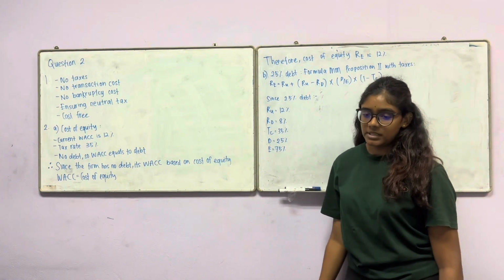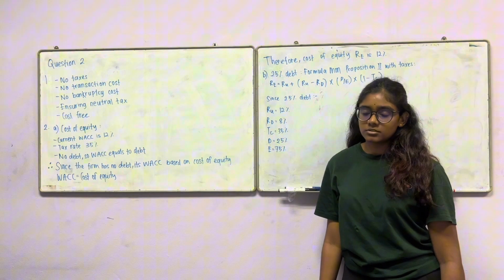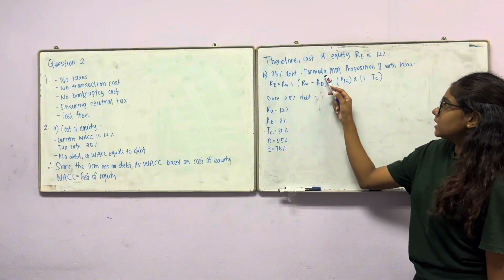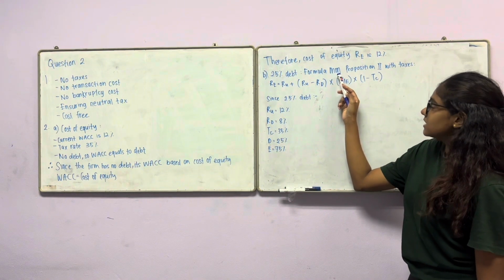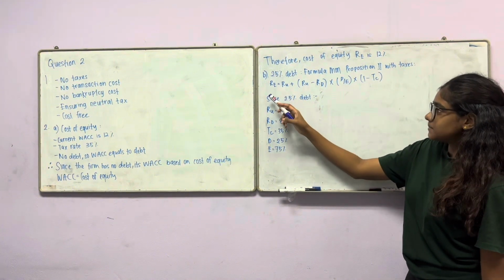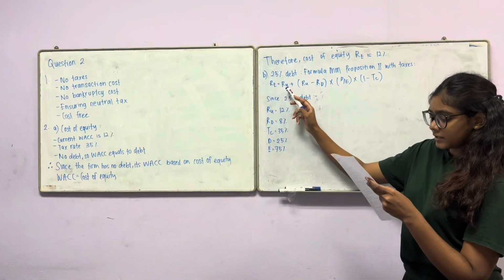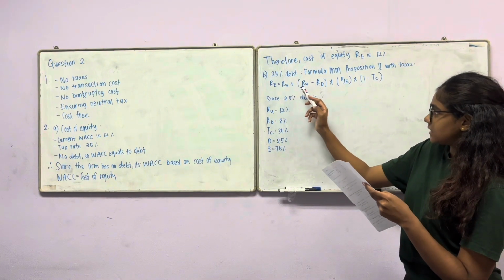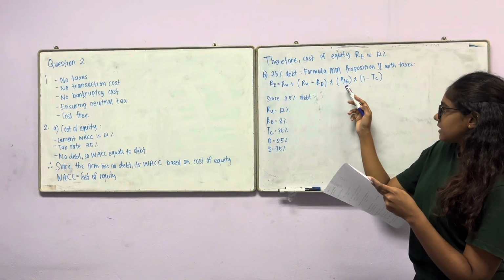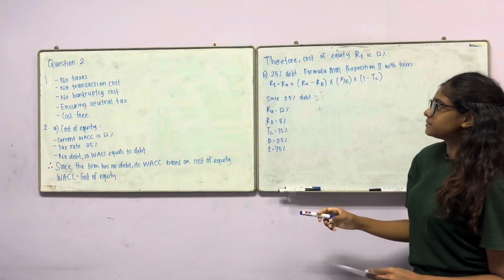Let's look at question b. If the firm converts to 25% debt, what will the cost of equity be? To calculate that, we use the Modigliani and Miller theory, proposition 2 with taxes. The formula is RE equals RU plus RU minus RD times D over E times 1 minus tax rate.